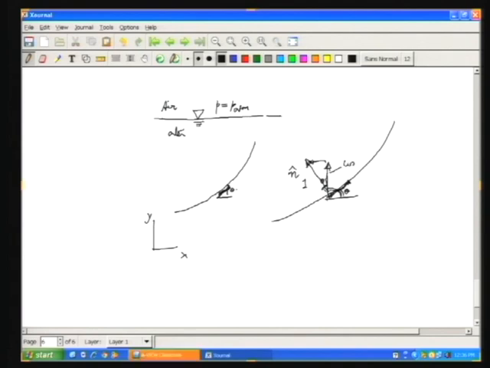So, we can write n as cos theta j minus sin theta i. That means we have n x is minus sin theta and n y is cos theta.